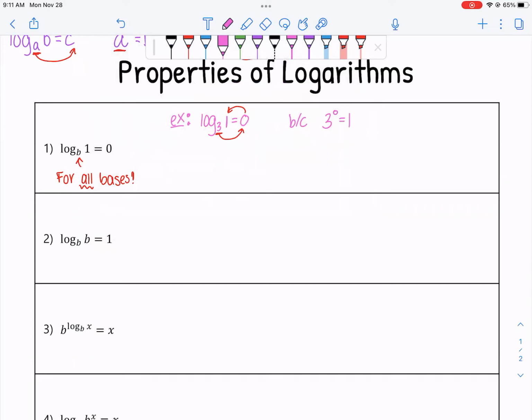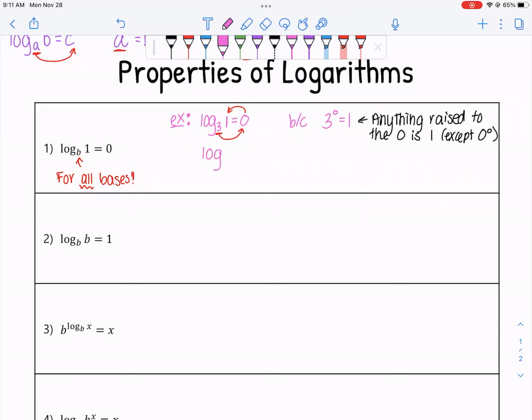Anything raised to the 0 is 1, except for 0 itself. 0 to the 0 is indeterminate. That's a different case. So when I say anything raised to the 0, I don't mean 0 itself. But that's the reason that this rule exists.